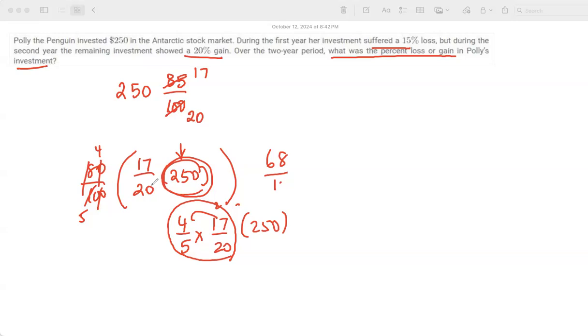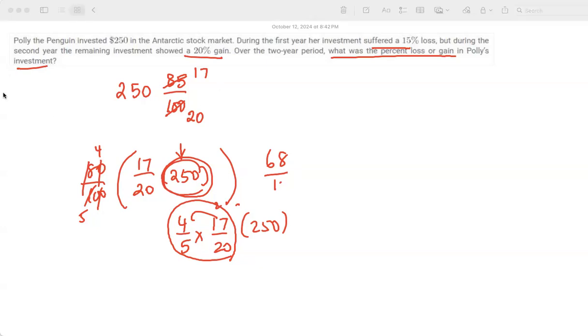So the equation you're doing is 4 over 5 times 17 over 20. 17 over 25. Because I thought it was 17 over 20, right? I'm not getting how we got 17 over 20 or like 85 over 100.